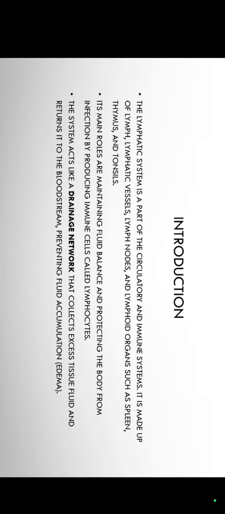Its main roles are maintaining fluid balance and protecting the body from infection by producing immune cells called lymphocytes. The system acts like a drainage network that collects excess tissue fluid and returns it to the bloodstream, preventing fluid accumulation, that is, edema.